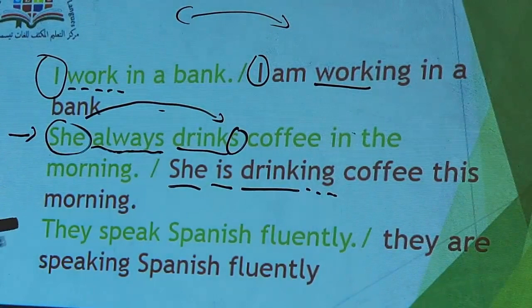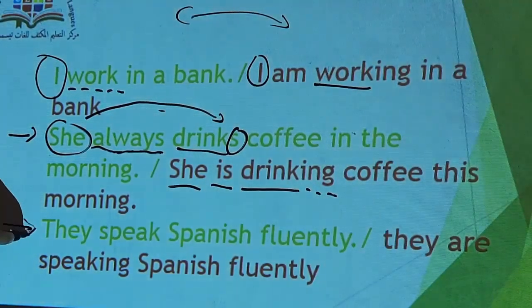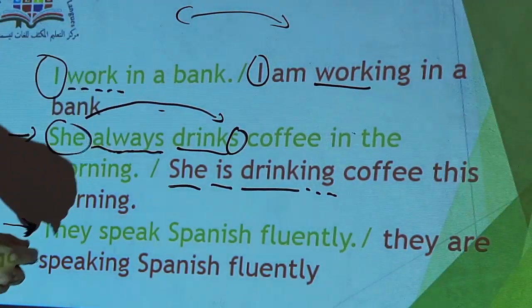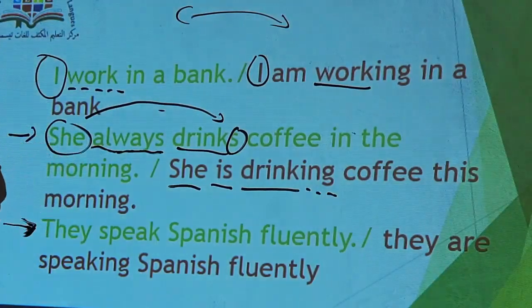So, let's move to the third sentence. They speak Spanish fluently. You might recognize that this is the present simple. However, when I say they are speaking Spanish fluently, this is the present continuous.